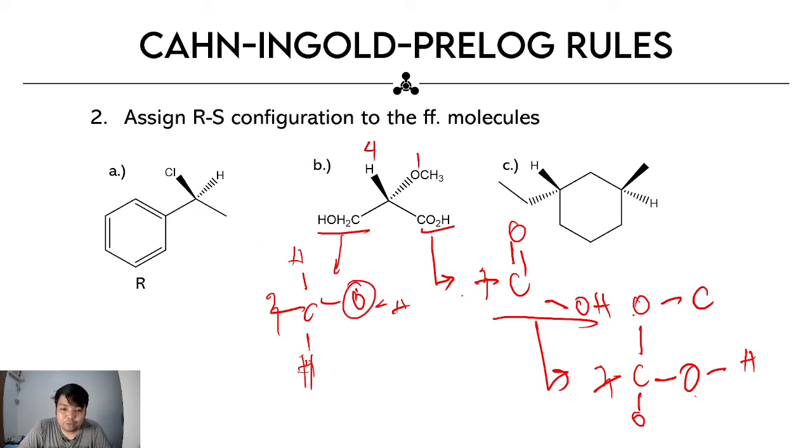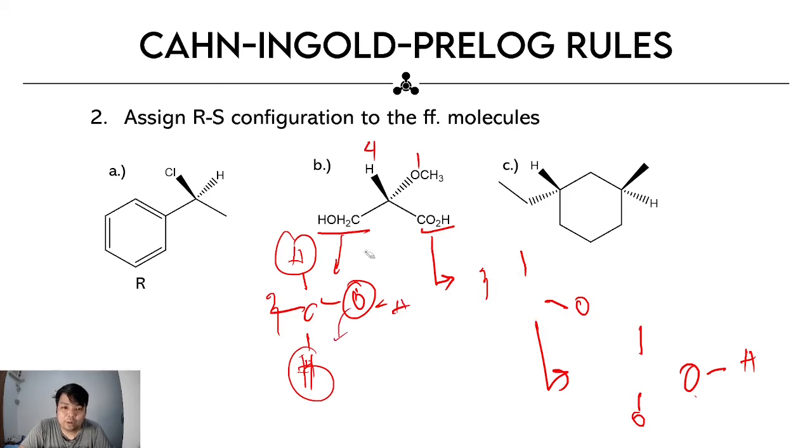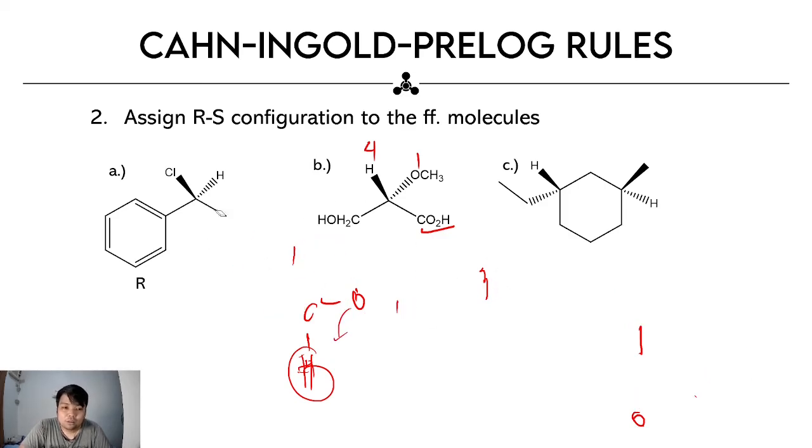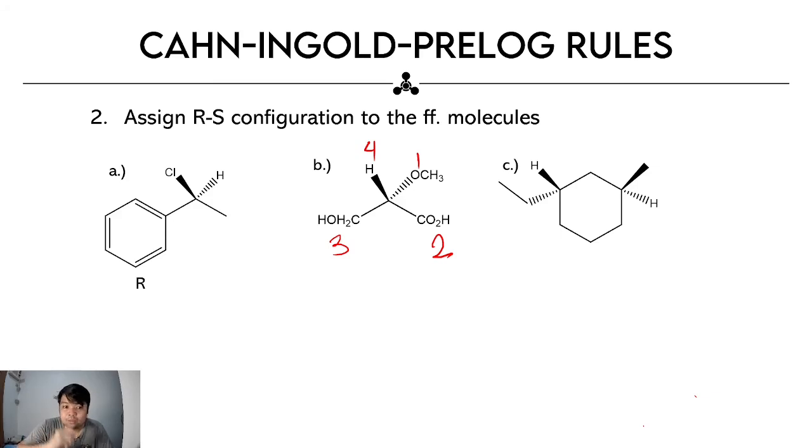Now you will not find a difference in this oxygen atom, but in these 2 atoms here, there is already a difference. And since this oxygen is heavier than hydrogen, this substituent will be given a higher priority than this substituent. Therefore, this will be our number 2, and this will be our substituent number 3. Now, if we trace the arrow from 1 to 3, it would look like this.